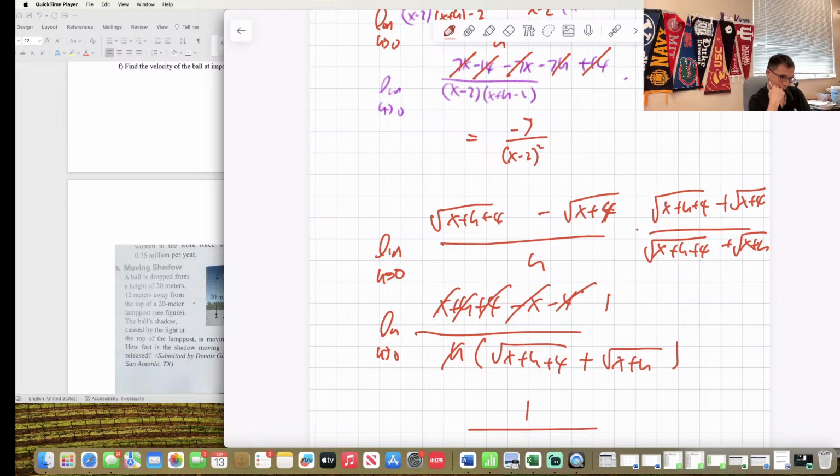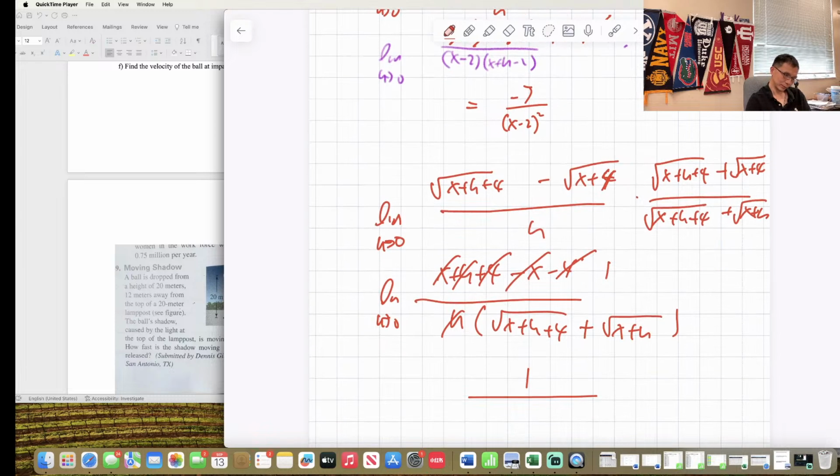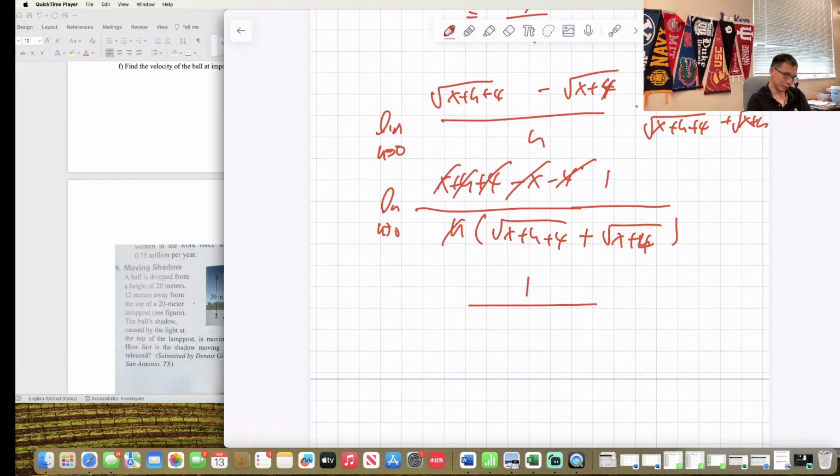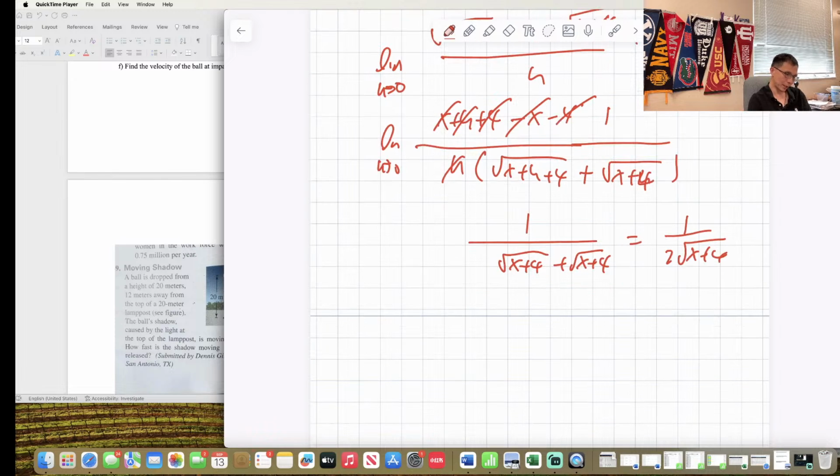We're talking about the bottom, the square root of x plus 4 instead of x plus h. Oh, this is a 4? Yeah. Okay, sorry. So that's going to give you 1. My bad, my handwriting's bad. So h approaches 0, so it'll be square root of x plus 4 plus square root of x plus 4. So it'll be 1 over 2 square root of x plus 4, and that'll be the answer for this one.